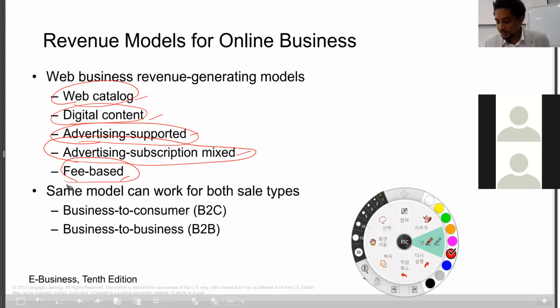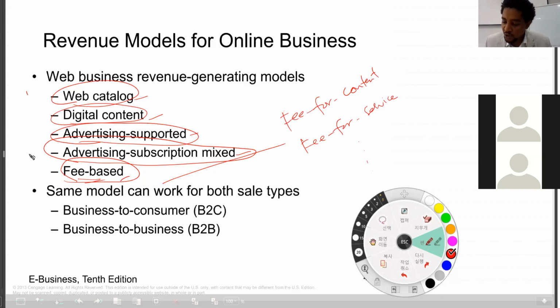There are also other varieties: fee for service, fee based. Fee based means fee for content, for example. So there are so many revenue models in web business.